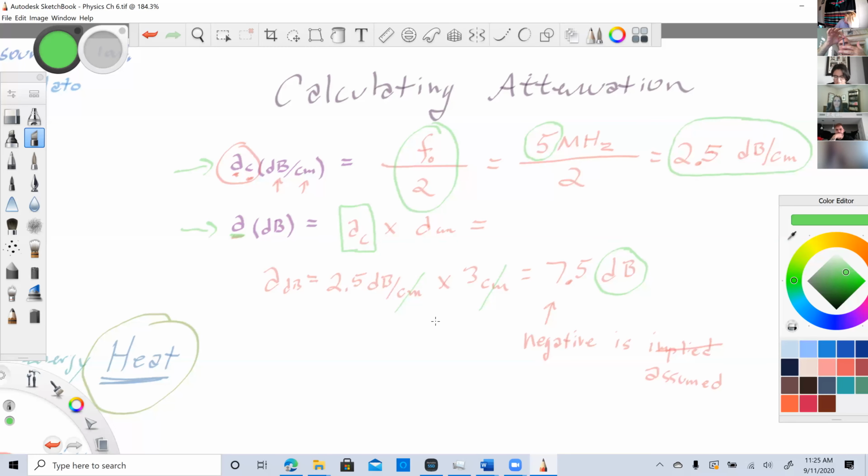The sound attenuates twice as fast across them than if you were looking straight down the muscle, where the attenuation would be less, probably because you're not going through all those different interfaces.